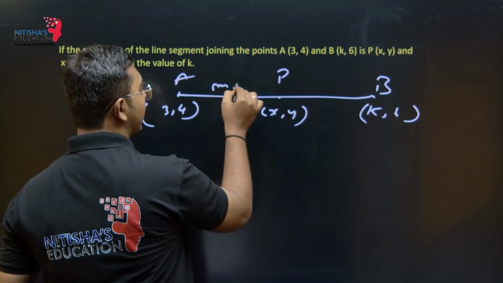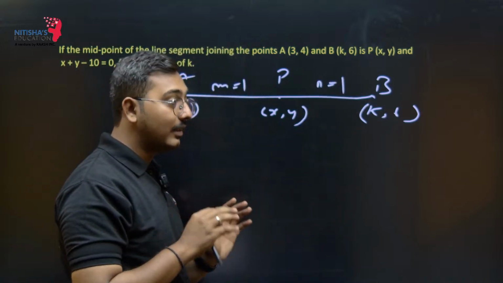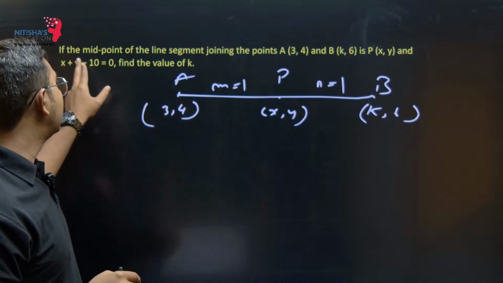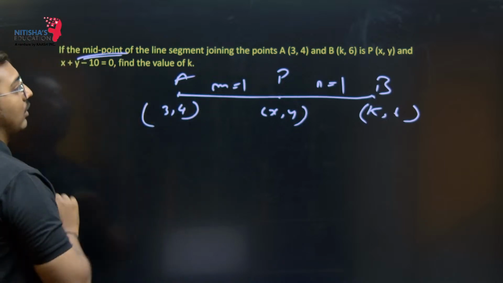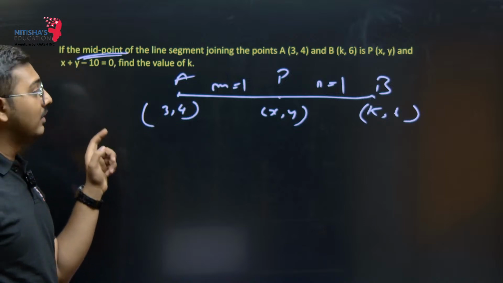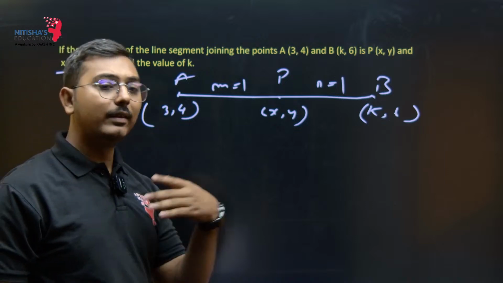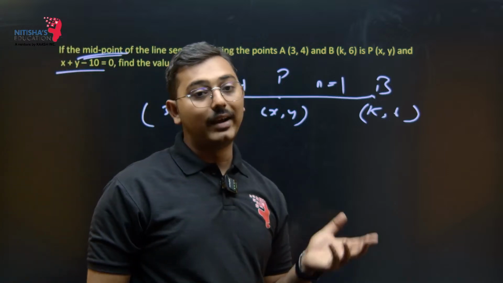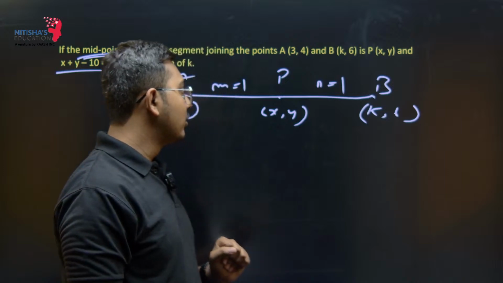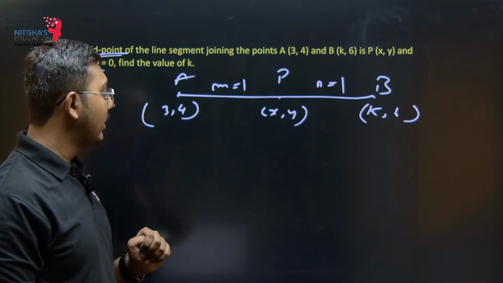What is M? It is 1. What is N? It is 1. As it is given to us that P is the midpoint. Okay. And also a relation between x and y is provided to us, which is x plus y minus 10 is equal to 0, which we will be using to find the value of K. So first of all, how will we find this?